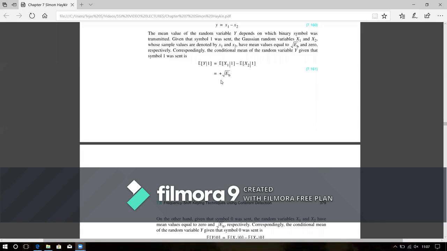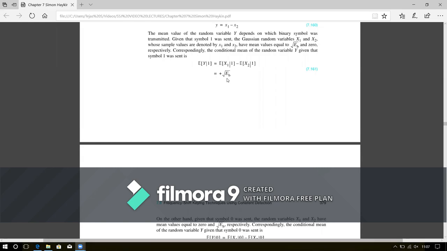Under this condition, the correlator output x2 equals 0, because in FSK only one signal, either s1 of t or s2 of t, is transmitted at a time. And the mean of the white noise component w of t is 0.